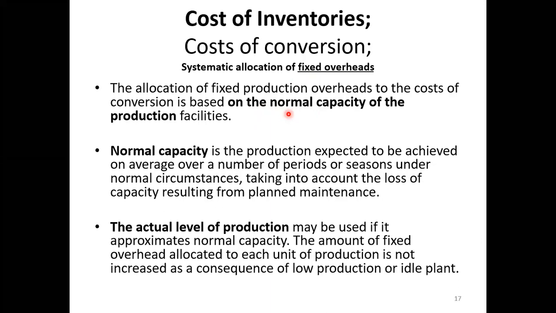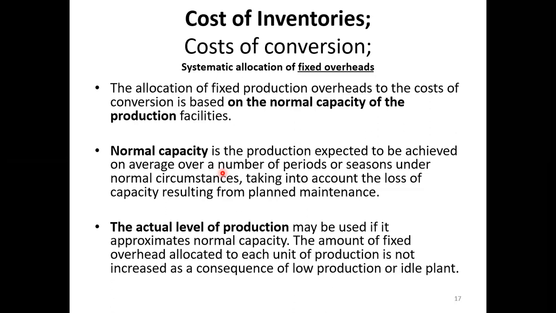of the production facilities. What do you mean by normal capacity of production facilities? Normal capacity is the production expected to be achieved on average over a number of periods or seasons under normal circumstances, taking into account the loss of capacity resulting from plant maintenance.